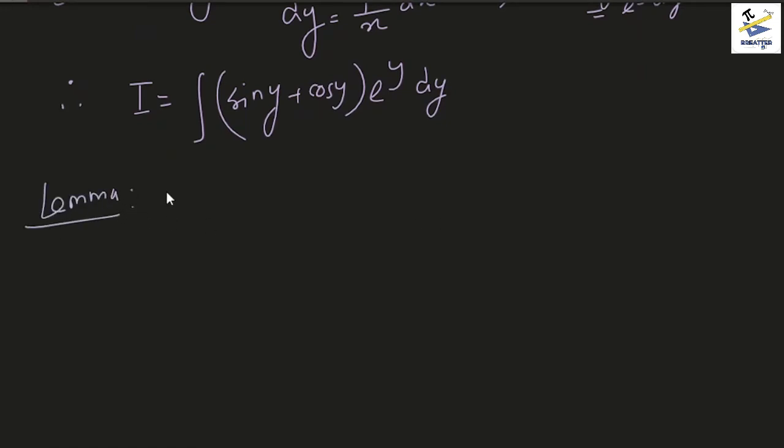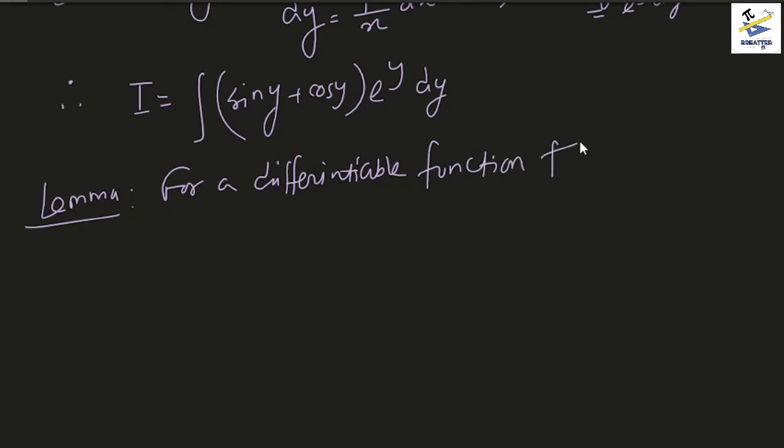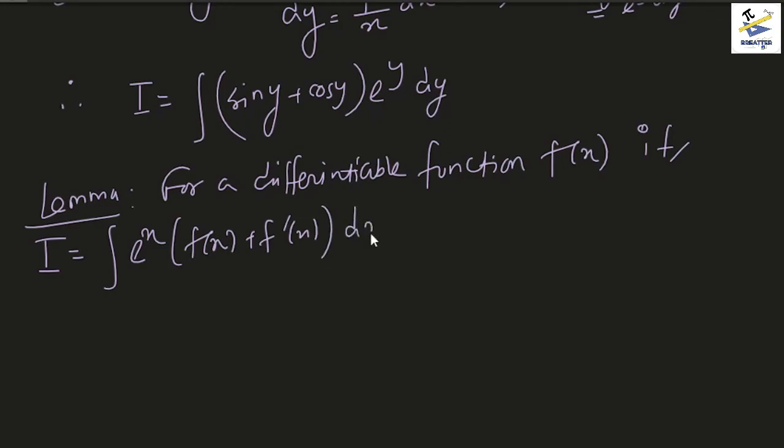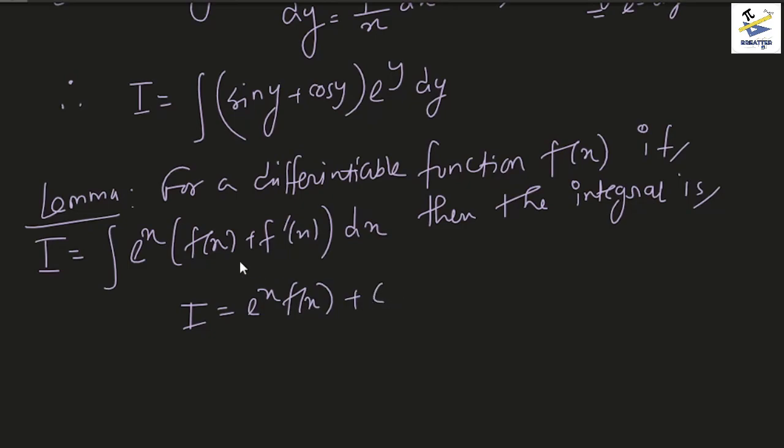So lemma: for a differentiable function f of x, if I is equal to the integral of e to the power x into f of x plus f dash x dx, then the integral is I equals e to the power x into f of x plus c.